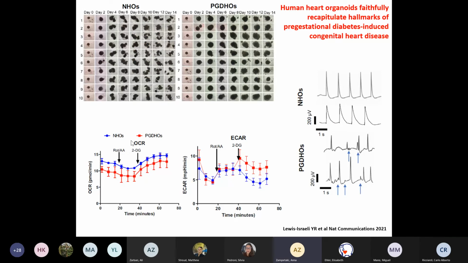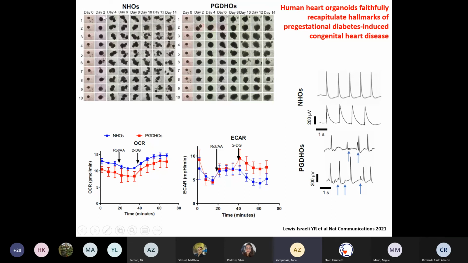Having said that this model generates organoids that resemble the fetal heart, the authors thought that a good way of using this model would be by investigating the effect of media that would simulate the pre-gestational diabetes state. So what they wanted to see was congenital heart defects as a result of this diabetic medium in the organoids.